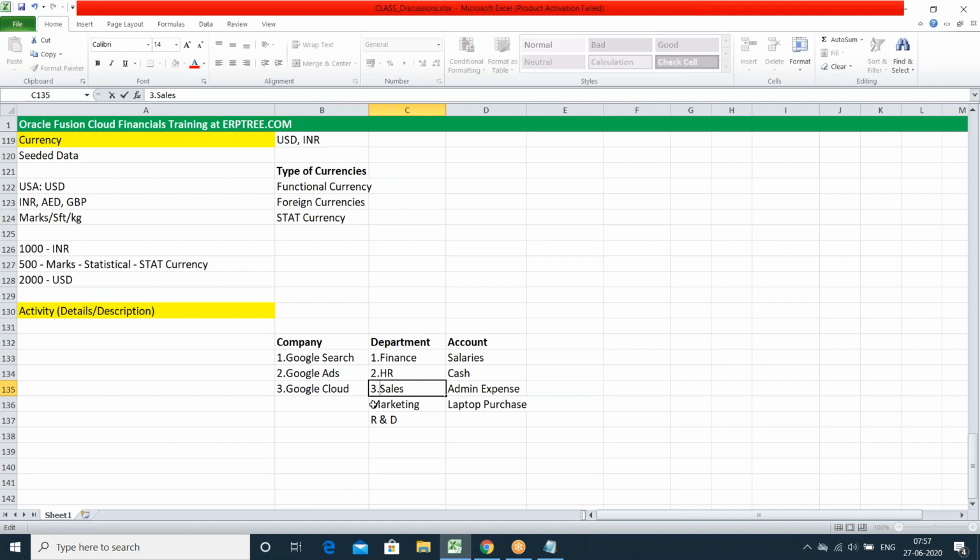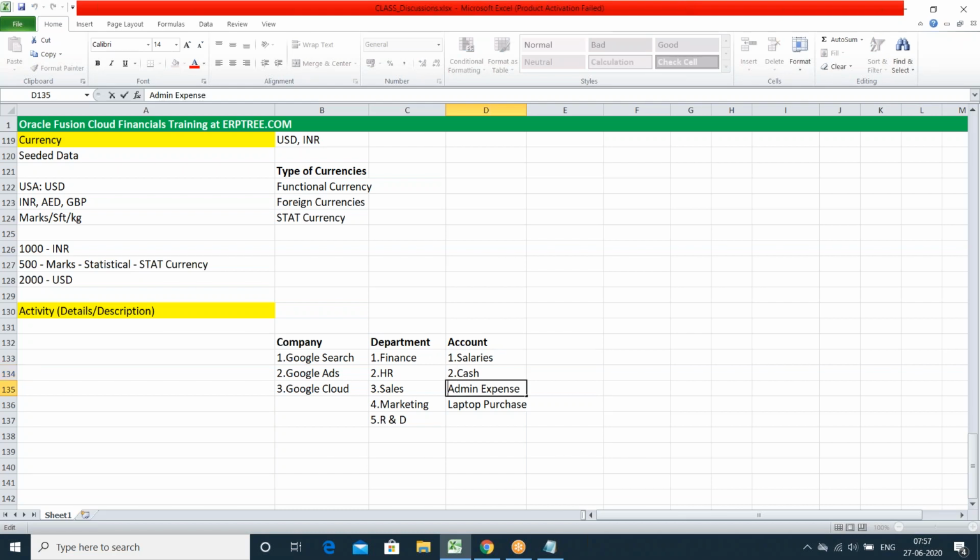If anybody is going to use these applications, how many companies they have, how many departments, how many accounts, and what else they want to capture as part of a transaction, those details they have to maintain in the system as ready-made data. Here also I'll say 1, 2.